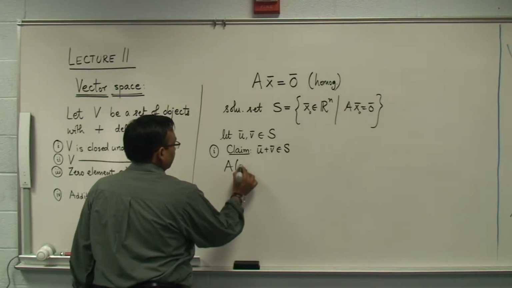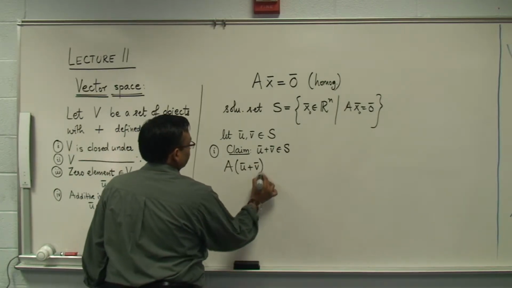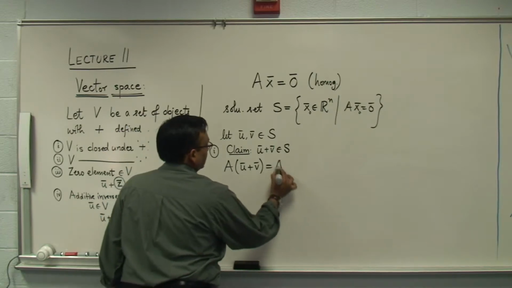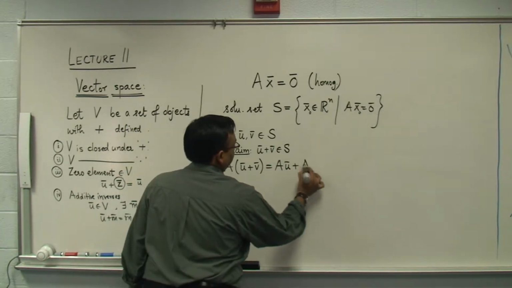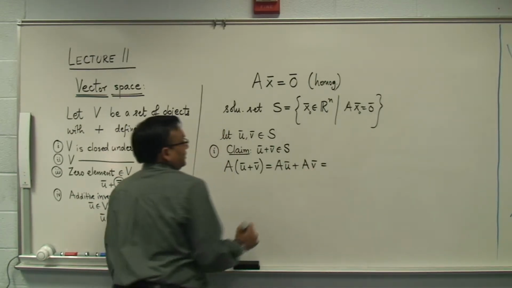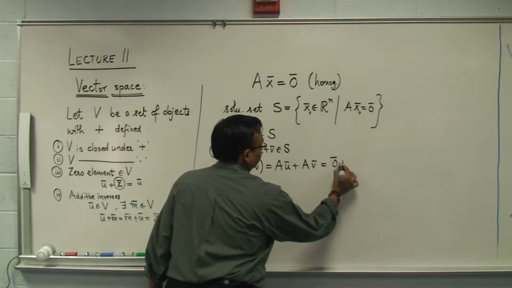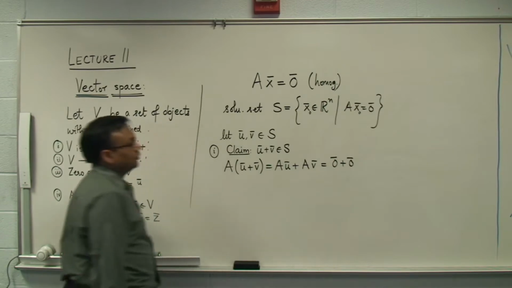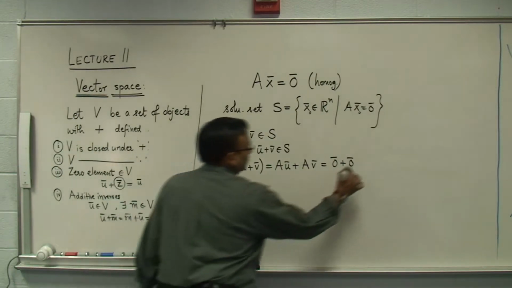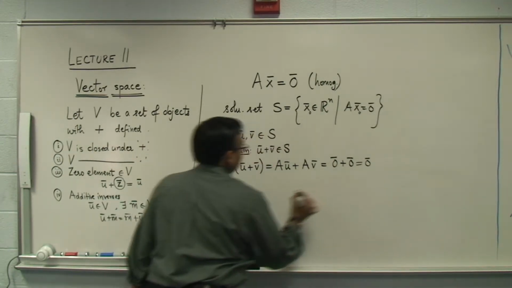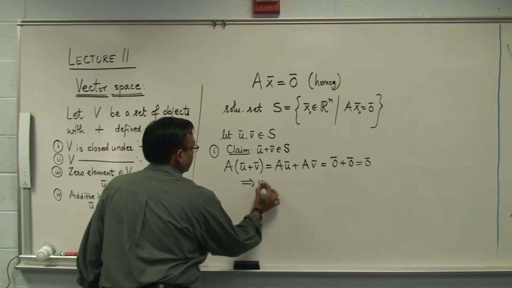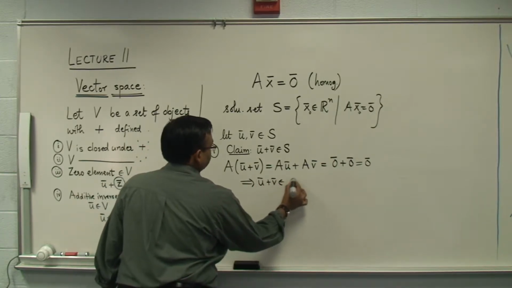So let us look at what A does to the vector U plus V. This is AU plus AV. Now U is in S, hence it is a solution of the homogeneous system. V is in S, so it is also a solution of the homogeneous system. So that way we can now claim that U plus V is also in S.